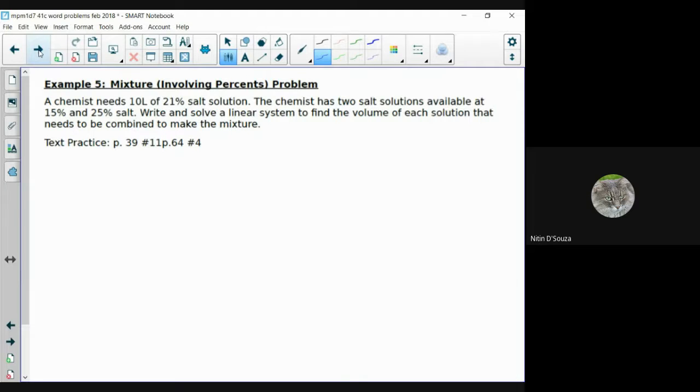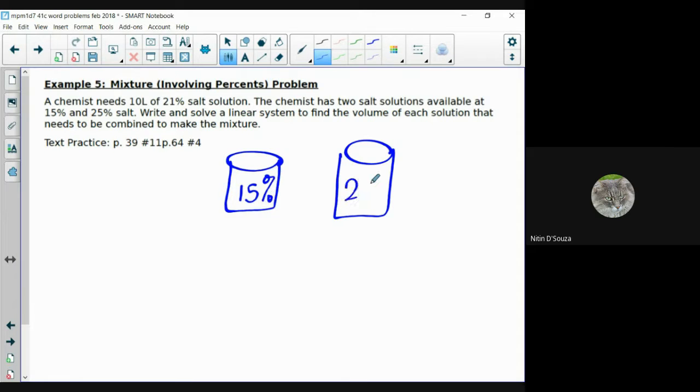So this happens a lot in the pharmacies. They have salt solutions and glycations at different percentages. We need 10 liters at the end. So the situation is like this. This one is 15%.